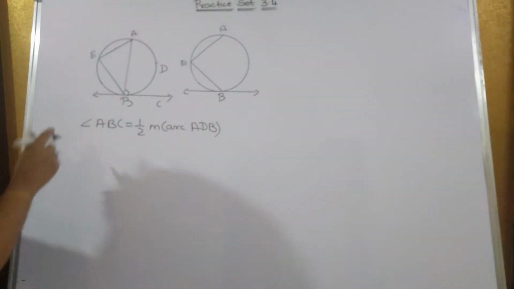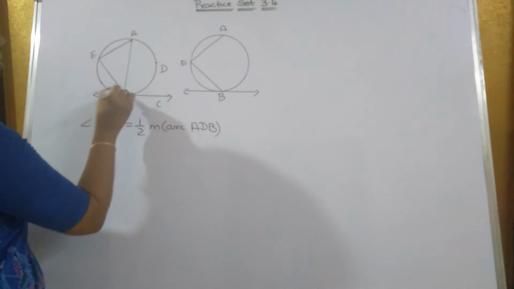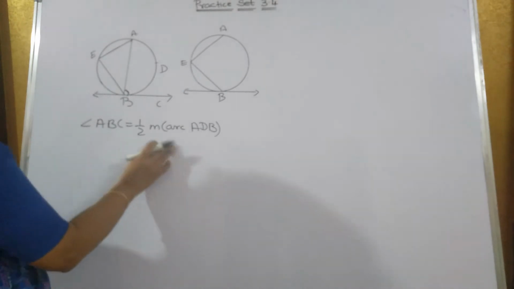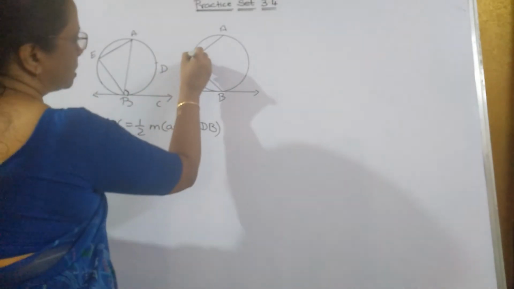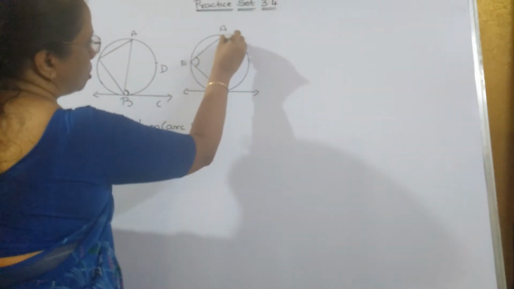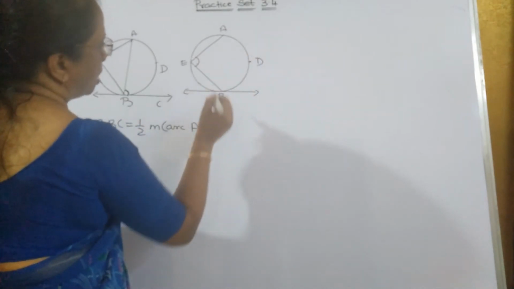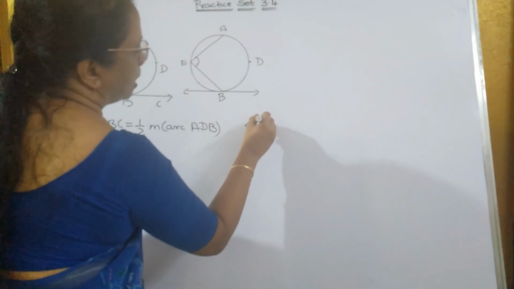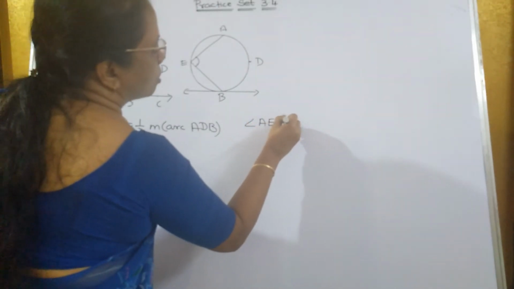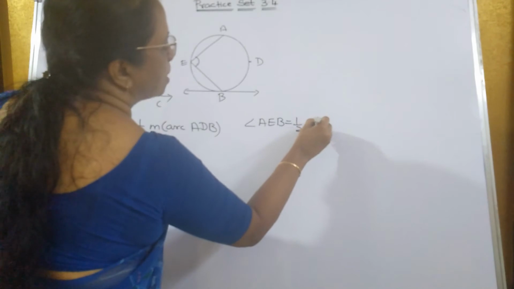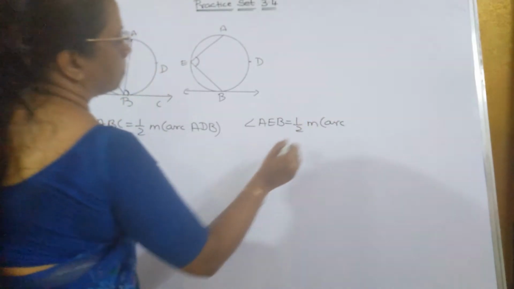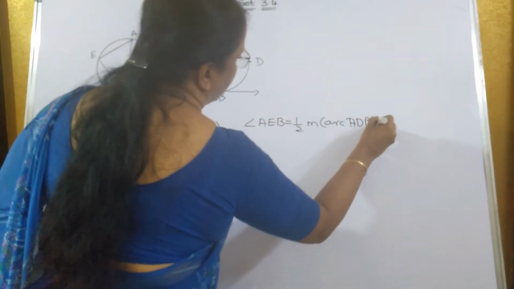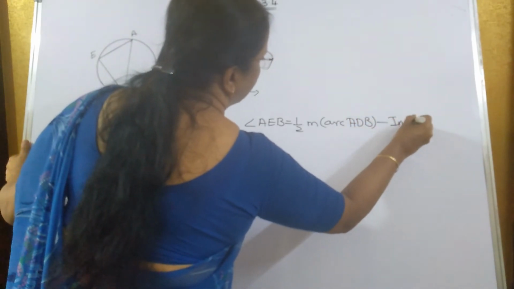The theorem that is the angle between the tangent and the secant. And before we had studied that this angle is also half of measure arc ADB by inscribed angle theorem. So angle AEB is also equal to half of measure arc ADB. Reason what it is? Inscribed angle theorem.